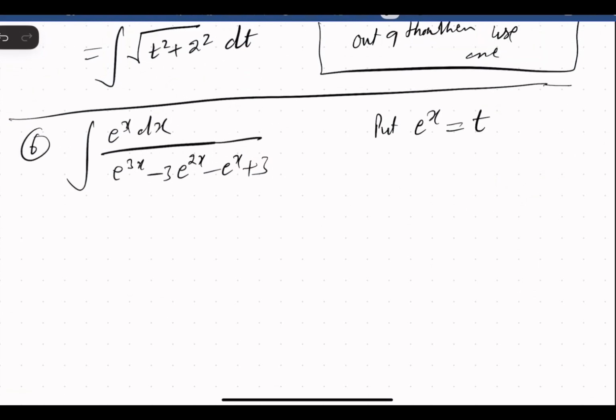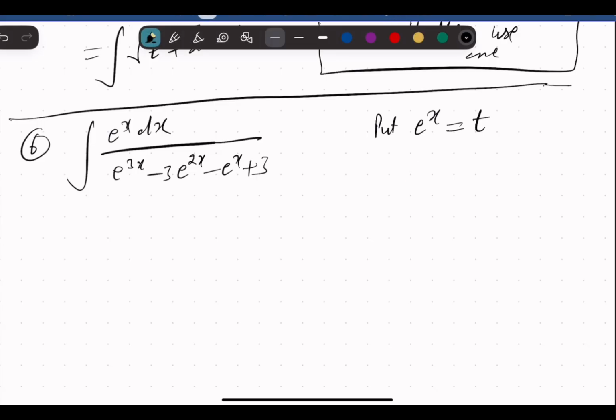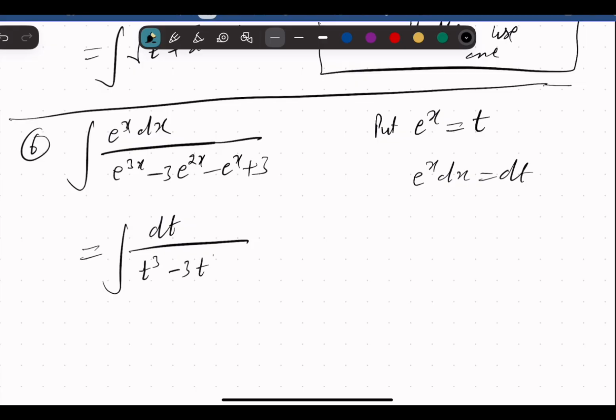Now e power x equal to t, then differentiate, and e power x dx equals dt, and you replace everything: dt over t power 3 minus 3 t square minus t plus 3.